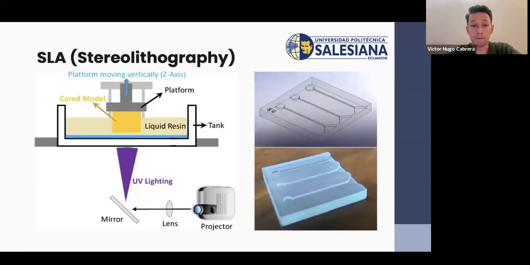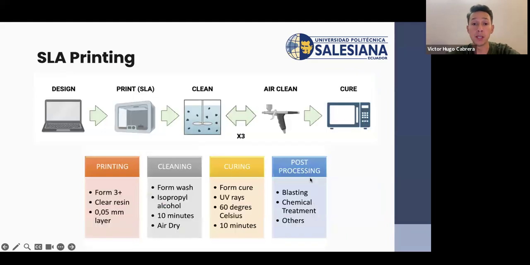So how SLA works is you have a tank with liquid resin, and then you start to solidify the resin with a laser. So you are going to add all the layers of the device, and then you get this kind of part. You first design, and then you print the part, and then you get what you see at the right.